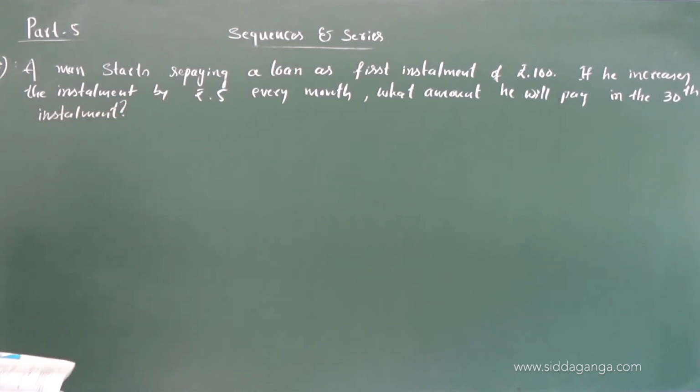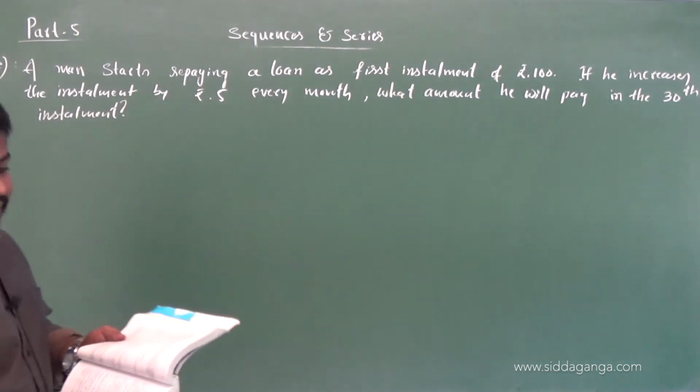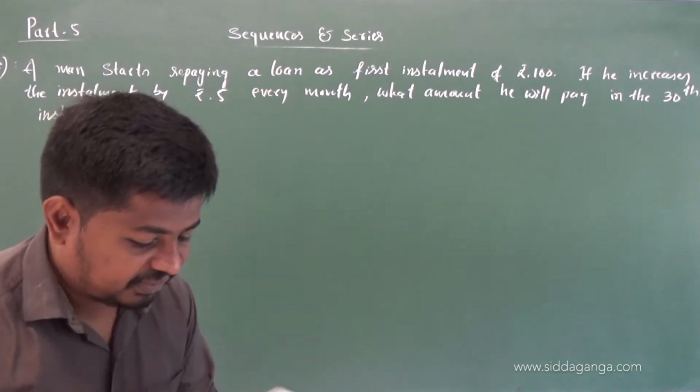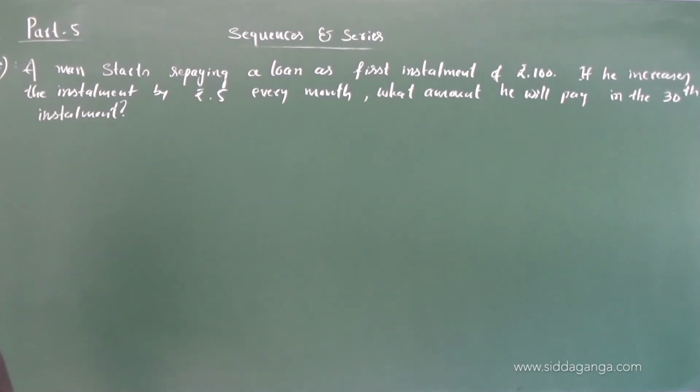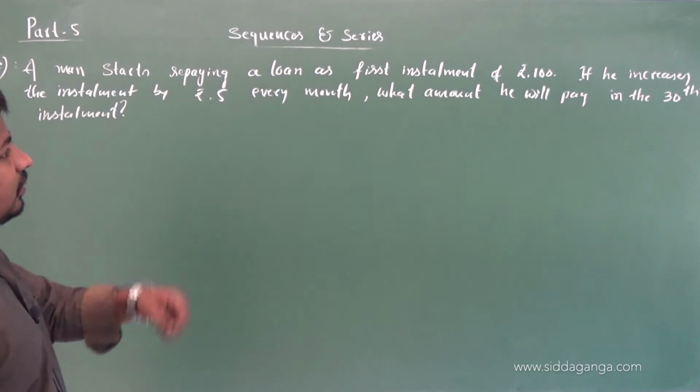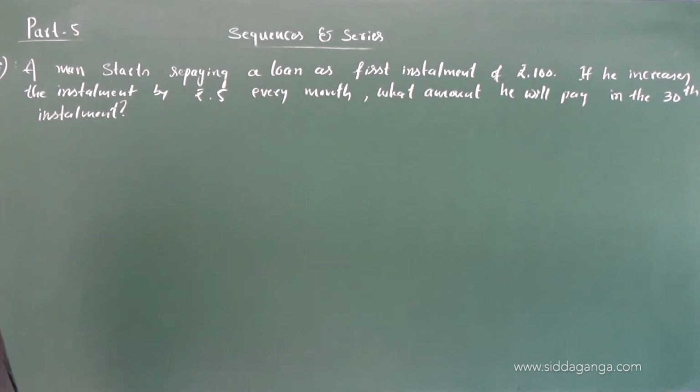A simple one. It's like an EMI for a loan, maybe a personal loan taken in a bank. He is repaying a loan amount in monthly installments. He has paid rupees 100 in the first month, and he has decided to increase the amount by 5 rupees in the next month.